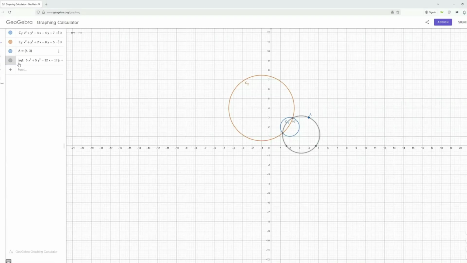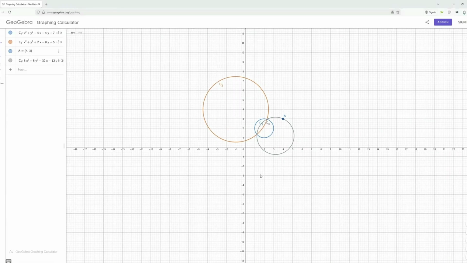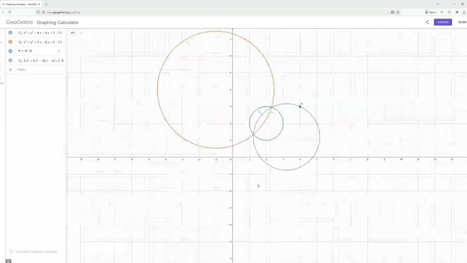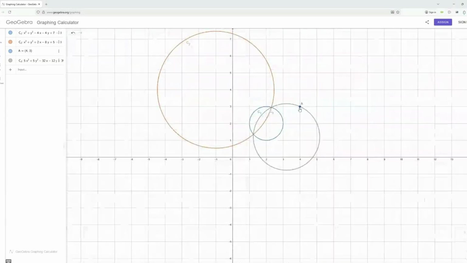And we'll call that circle 3. So notice that indeed the circle that we determined does pass through the point 4, 3 and also through the points of intersection of C1 and C2.